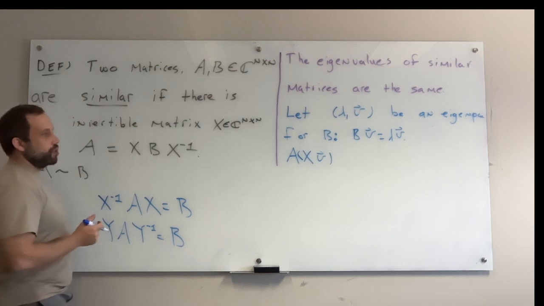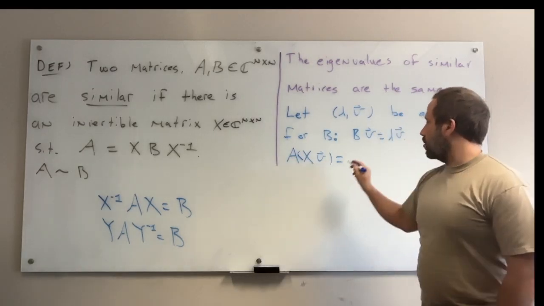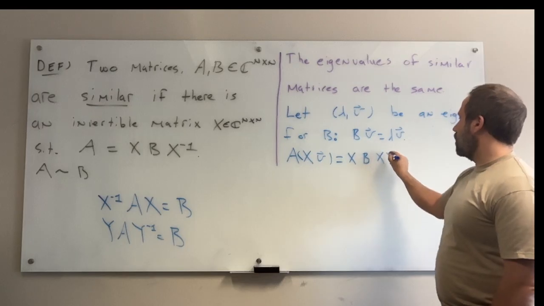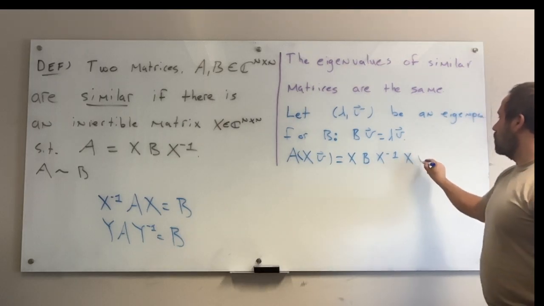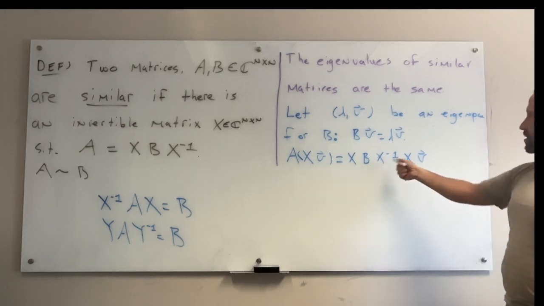Now notice what's going to happen. A times XV, well, I can use this similarity relationship. A is X B X inverse. Now I'm going to multiply it by XV. Using the associativity of matrix vector and matrix multiplication, I can compute X inverse times X first.